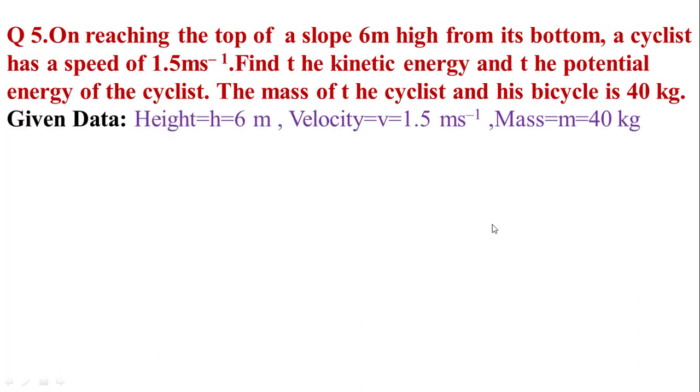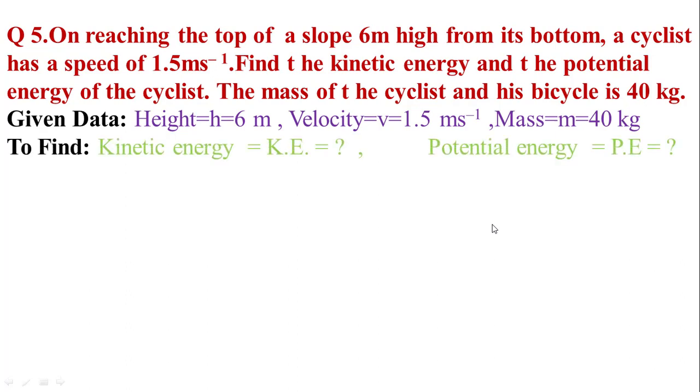Height h is equal to 6 meter, velocity is equal to 1.5 meter per second, and mass is equal to 40 kg. To find the kinetic energy and potential energy, formula: kinetic energy is equal to 1 upon 2 mv square and potential energy Pe is equal to mgh.